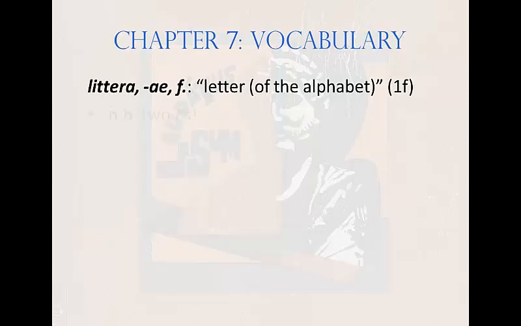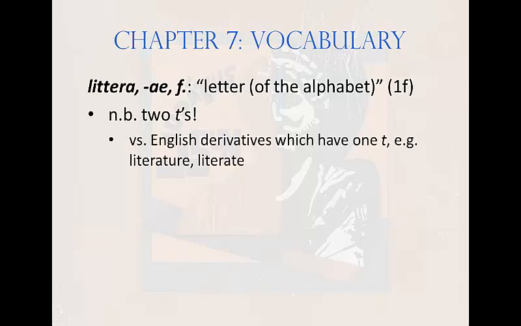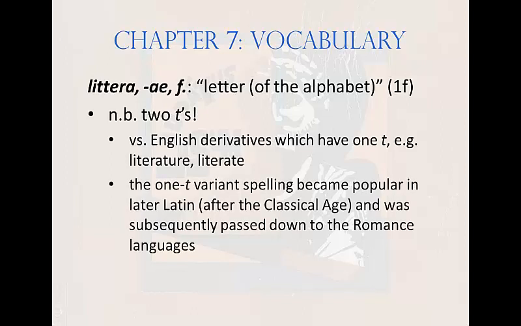And here's another thing worth noting about this fascinating word. Notice how the classical form of litera has two T's in it. That's why our derivative letter has two T's. But we have other derivatives from this word with only one T, like literate or literature. The reason for these two different spellings is that the one T variant became popular in later antiquity, the 3rd and 4th centuries of the modern era.